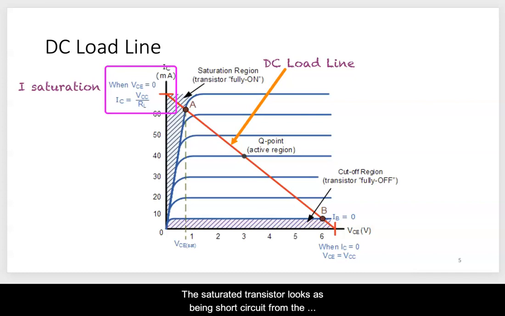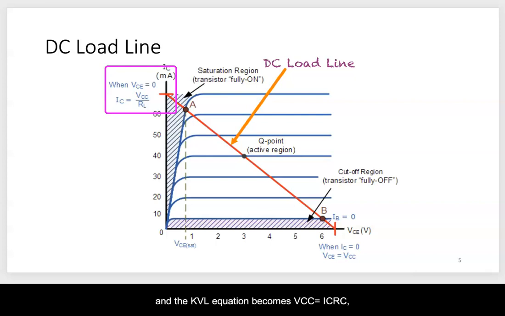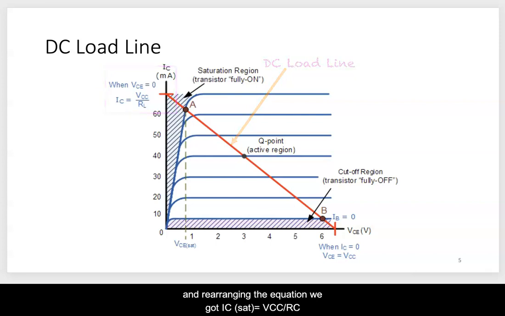A saturated transistor looks like a short circuit from the emitter to collector terminals, resulting in VCE equal to 0, and the KVL equation becomes VCC equals IC times RC. By rearranging the equation, we get IC saturation equals VCC over RC.